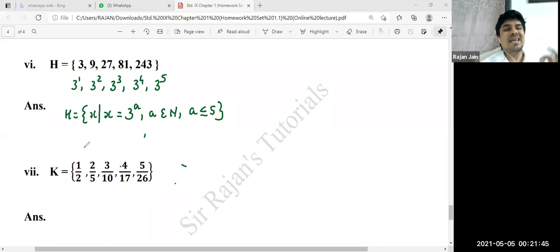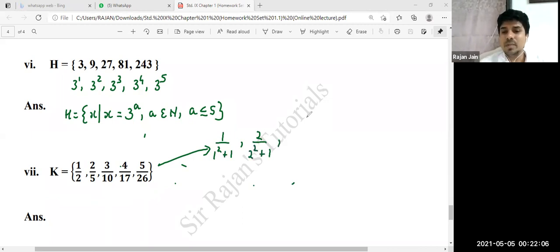This is a slightly interesting question. Look here. K is a set of 1 upon 2, 2 upon 5, 3 upon 10, 4 upon 17, 5 upon 26. Let me tell you the simplified version of this. 1 upon 2, it is 1 upon 1 square plus 1. Next, 2 upon 5, I can write as 2 upon 2 square plus 1.